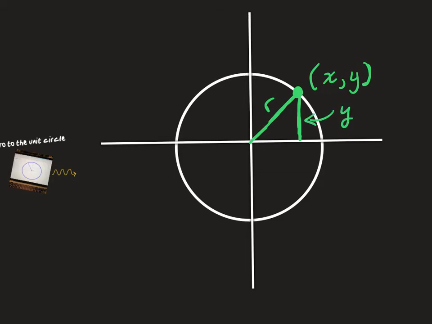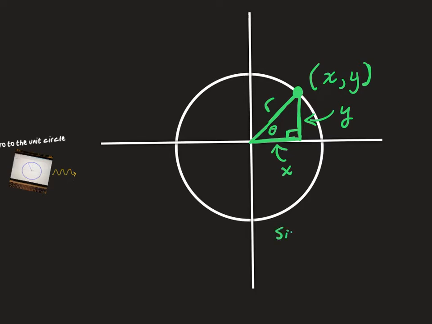So y is a vertical value and x is a horizontal value. So now we have our right triangle inscribed in the circle. So if we take a look at the central angle, that's where theta will be located.